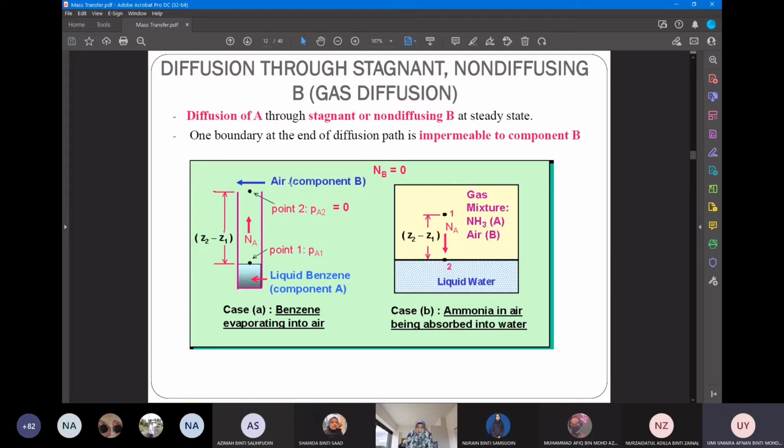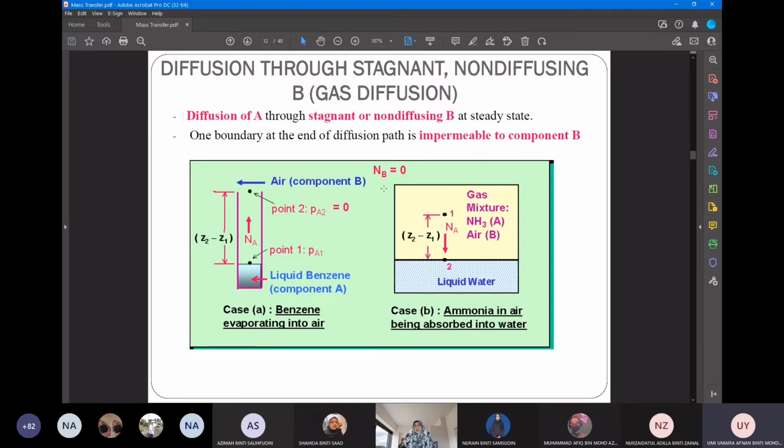High velocity, to put it simply. So when they move very fast, then you can say that the partial pressure at location number 2 for A is equal to 0. You can assume the value is equal to 0. Because only diffusion occurs for component A, you have a value for NA, but since B is non-diffusing, you have NB equal to 0.